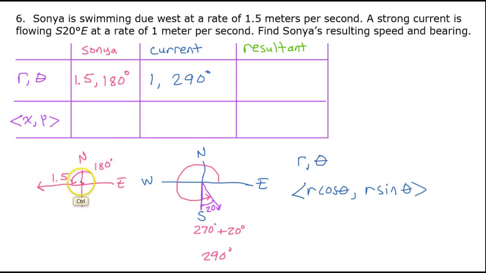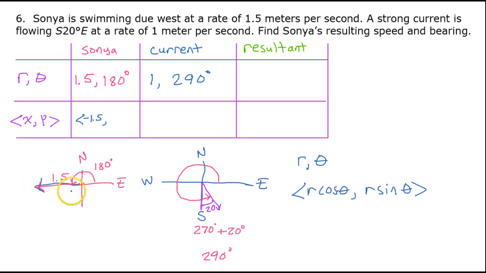Now, when you're talking about something traveling in a direction that's due west or due east or north or south, you don't have to use this little formula. So Sonia was swimming due west. Because she was going only west, in component form that would be negative 1.5, which means you're going west 1.5, and that's it.